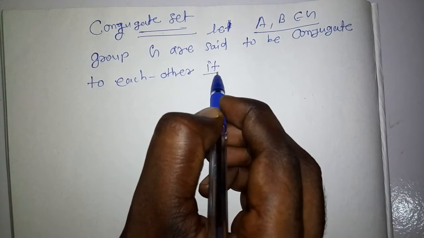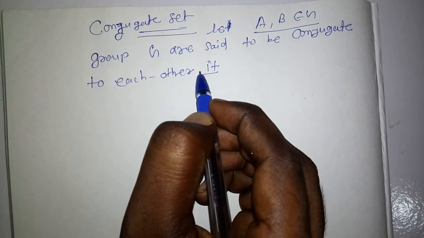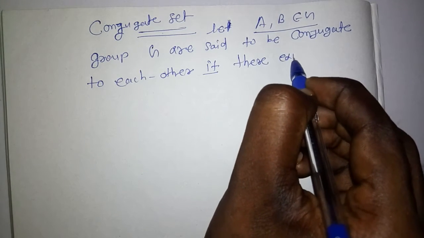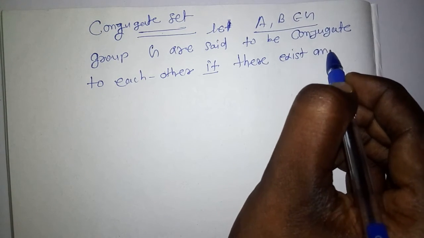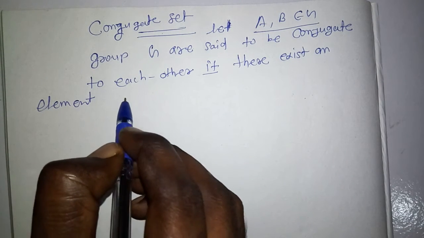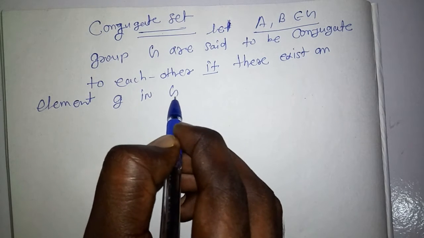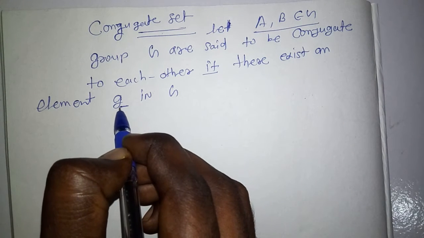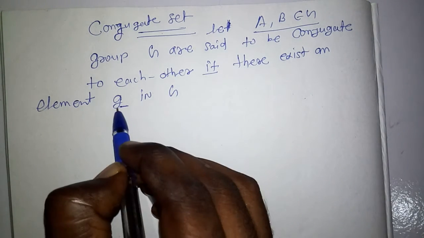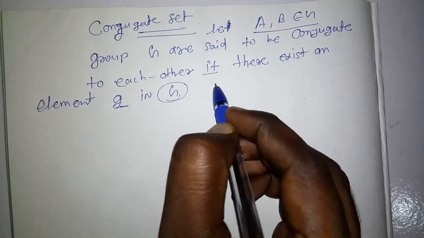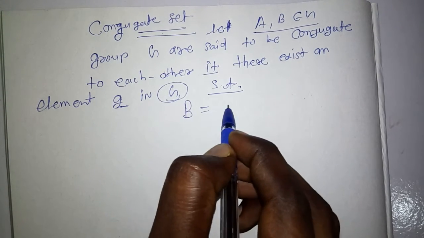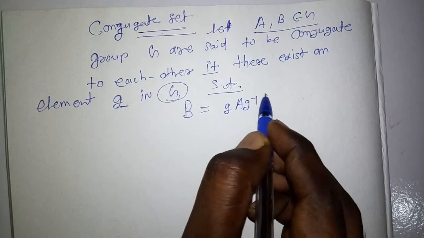if a condition is applied here, students, if there exists an element g in G. g is also denoted as an element, students. g belongs to G. This is an element of group G, students, such that B is equal to g A g inverse.